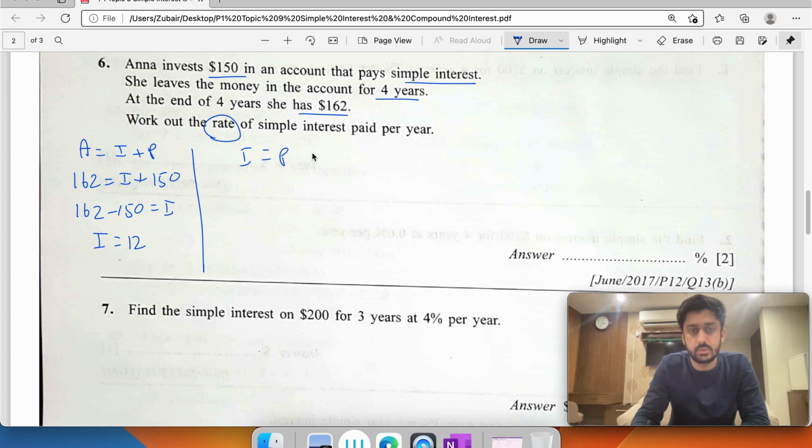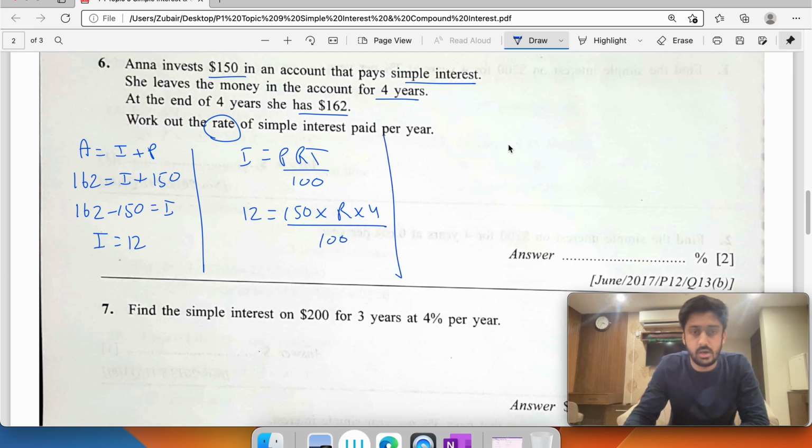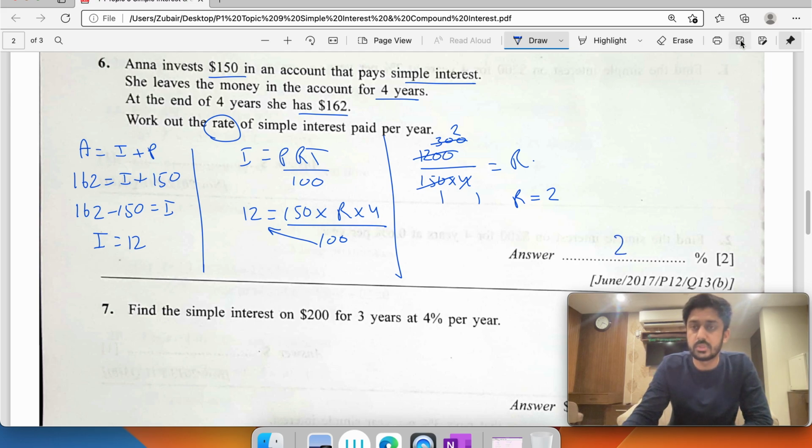So I equals PRT over 100. Interest is 12, invested amount is 150, rate is unknown, it was for 4 years, by 100. Make R the subject. 100 into 12 is 1200, by 150 times 4 is equal to R. 4 1 times, 4 3 times, 15 1 2. So rate is equal to 2%.